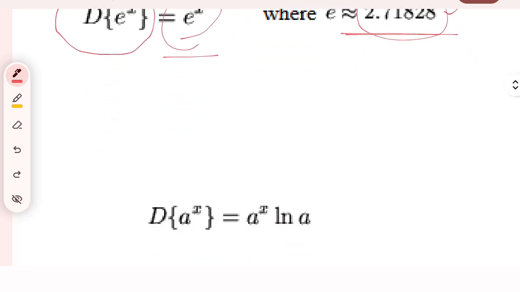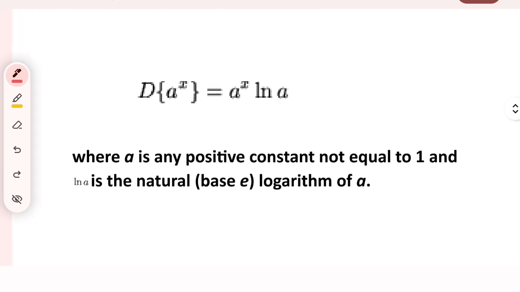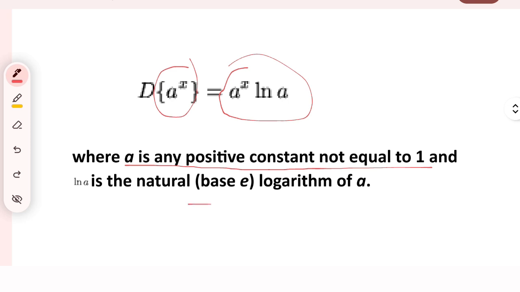All right, so next one. The derivative of a to the power of x is equal to a to the x ln a. Take note that a is any positive constant not equal to 1, and ln a is the natural logarithm of a.